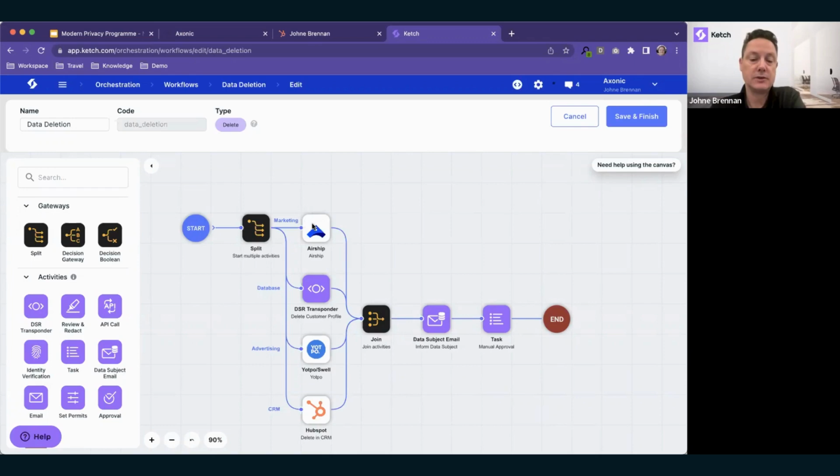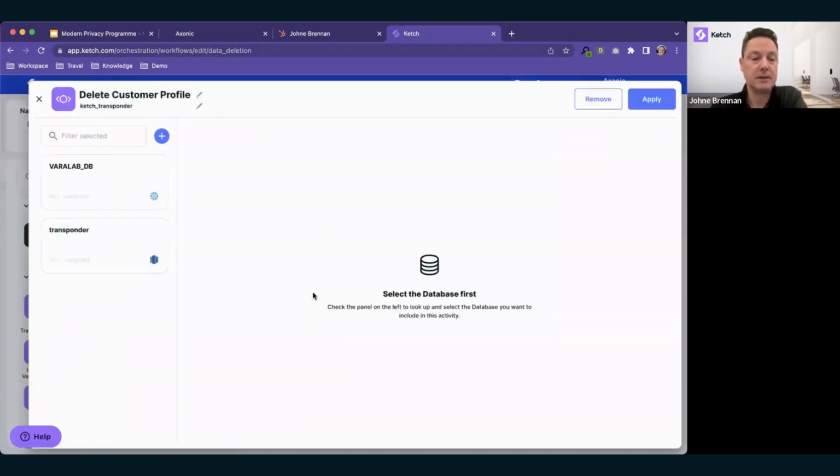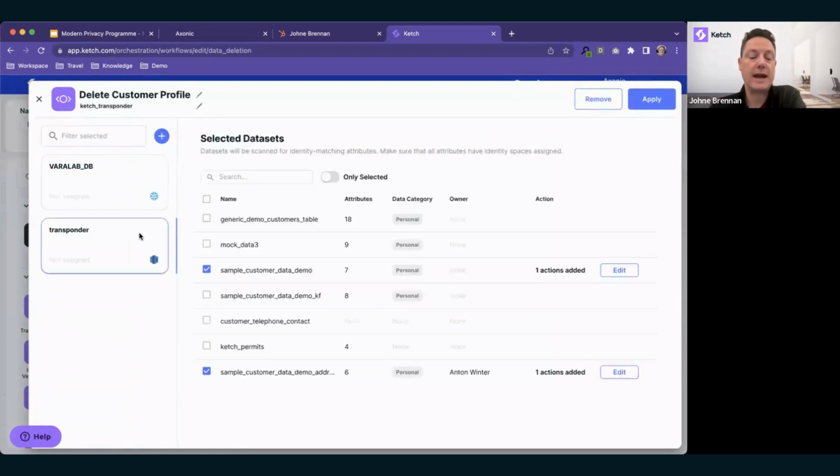We have the external system, something like an Airship for, say, mobile marketing. We've got a HubSpot for your CRM. And then we also have an internal system. In this case, we might be using something like a Snowflake or Redshift for a data warehouse. And what we want to do is actually go and act on that data itself. So again, these are integrations that we have within our marketplace.